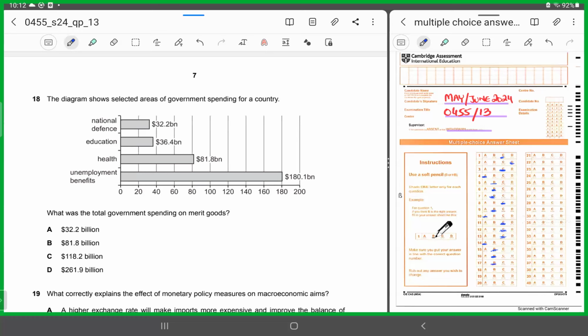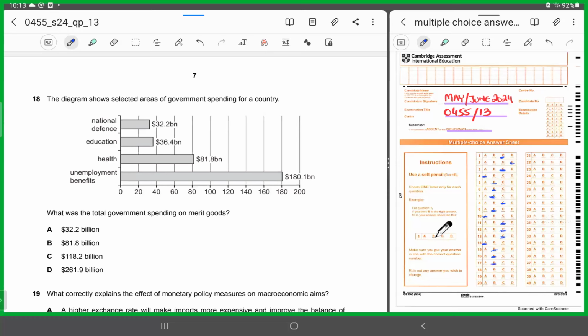MCQ number 18 says, the diagram shows selected areas of government spending for a country: national defense, education, health, and unemployment benefits. These are all the areas which a government spends on, and they've given you the stats, the amount a government is allocating towards each of these services.